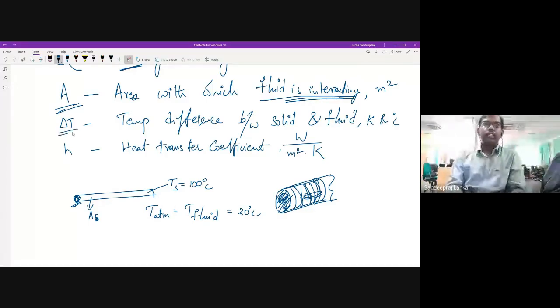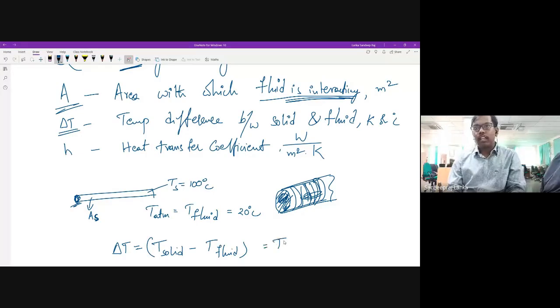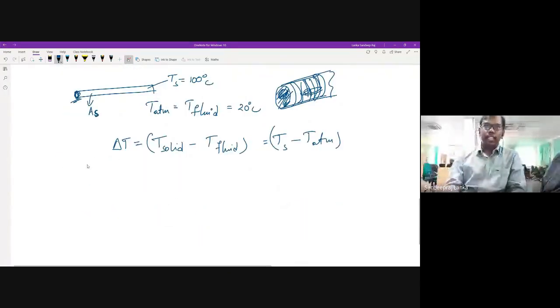When it comes to delta T, you have to take it in terms of the fluid temperature and the solid temperature: temperature of solid minus temperature of fluid. This can also be written like Ts minus T atmosphere. So you have to understand what that delta T is.